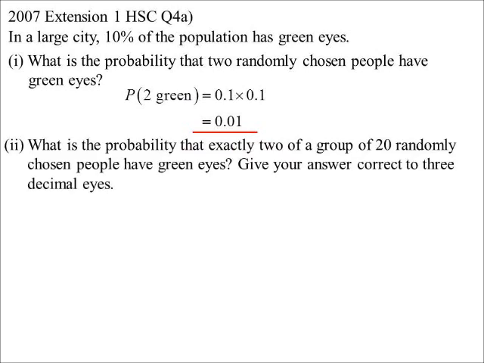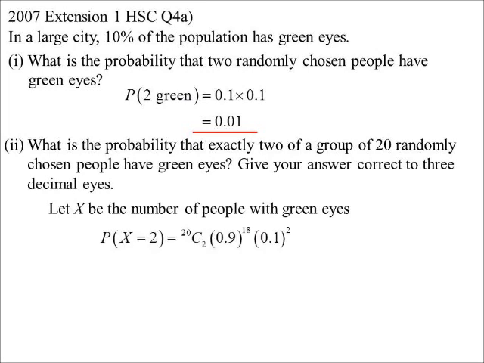The second bit is, however, probability exactly 2 of the group of 20 randomly picked people have green eyes. So I'm going to say, well, X is going to be the number of people with green eyes. We want probability that X equals 2 out of those 20.